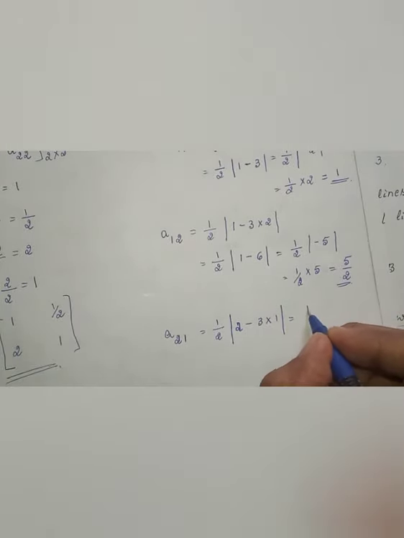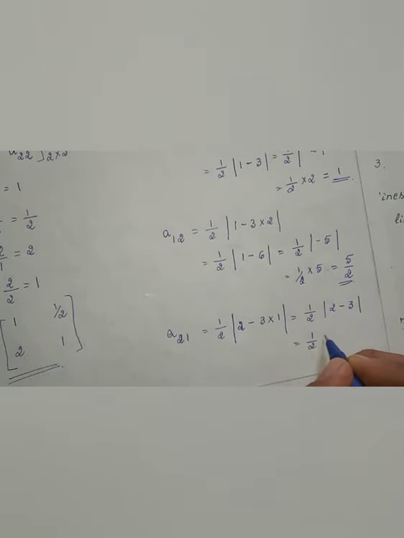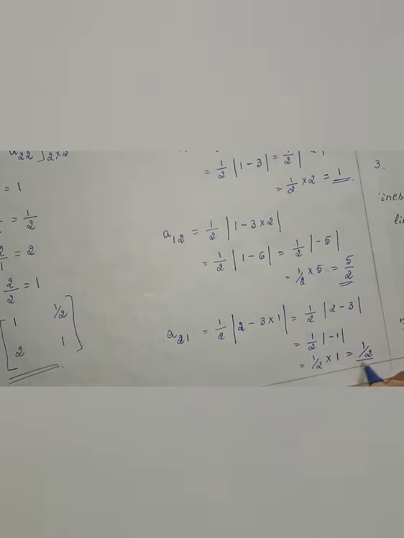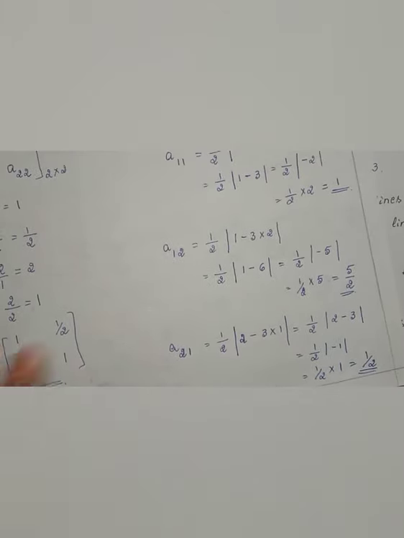So this is 1 by 2 into modulus of 2 minus 3. 2 minus 3 is minus 1. So this is 1 by 2 into modulus of minus 1. Modulus of minus 1 is 1. Therefore, the value is equal to 1 by 2. So this is the next element A21.